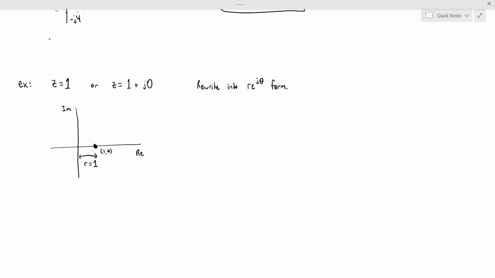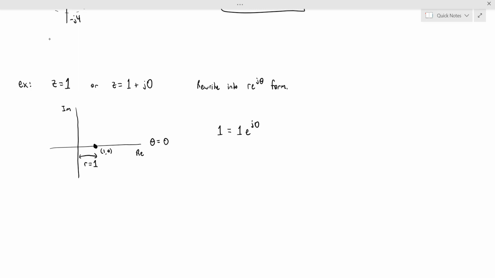As for theta, remember that theta is measured from the positive x-axis and then outwards, but for a point that's already on the x-axis, the angle theta would be 0 degrees or 0 radians. So that means we could rewrite the number 1 using the polar coordinates. R is 1 and theta is 0.